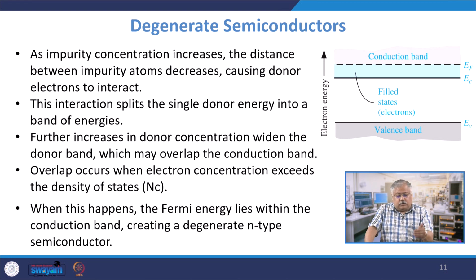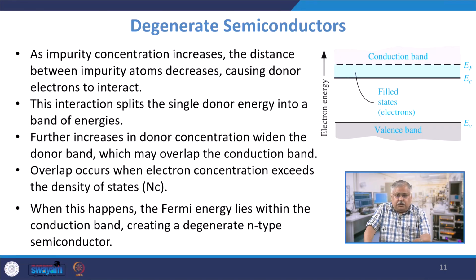Another concept of degenerate semiconductor, in another sense, is what is written here. There are two ways of looking at it. If ND is exactly equal to NA, you again come back to intrinsic. Now let us read what is written here. As impurity concentration increases, the distance between the impurity atoms will reduce.